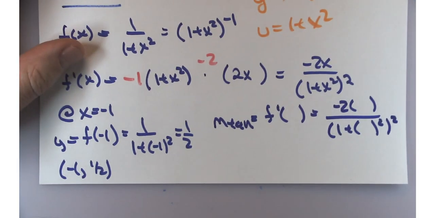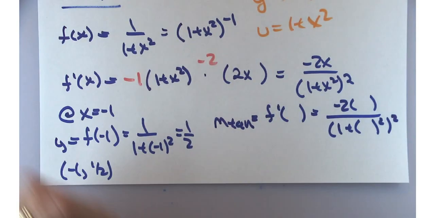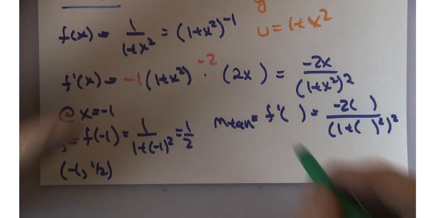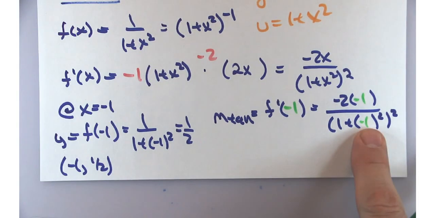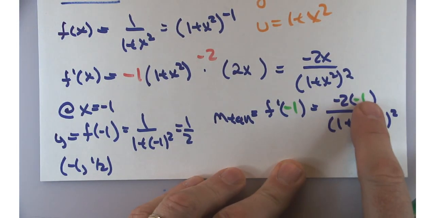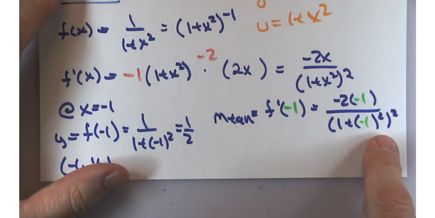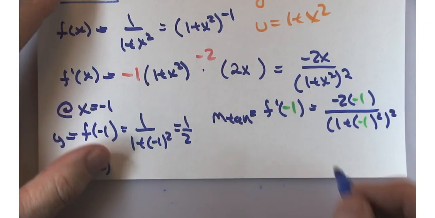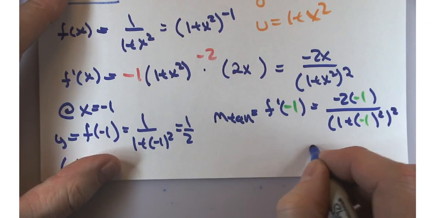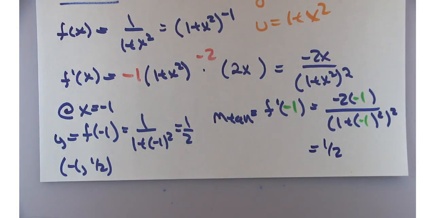So let's plug in that -1. So yeah, let me do it in green here. -1, -1, -1. So it's going to be 2. Let's see, it's going to be 2 over 4. So it's going to be 1/2, right? So we get a slope of 1/2 for the tangent line. And now it's just a matter of y minus y1 equals m times x minus x1.